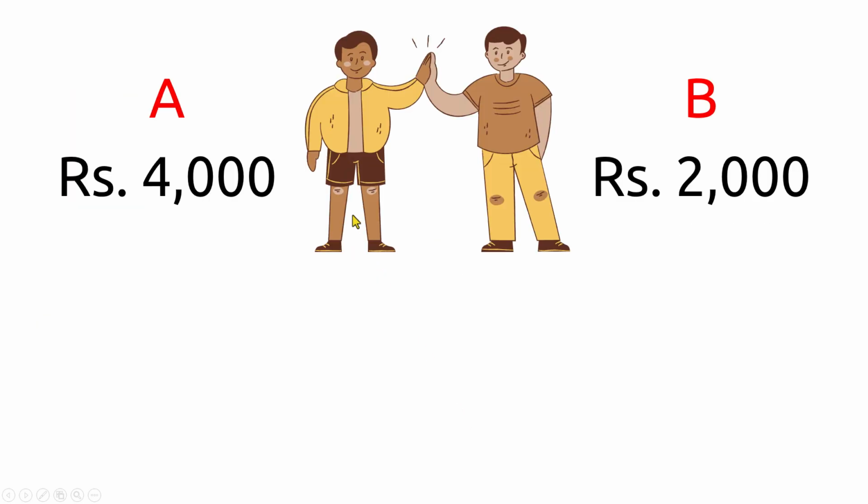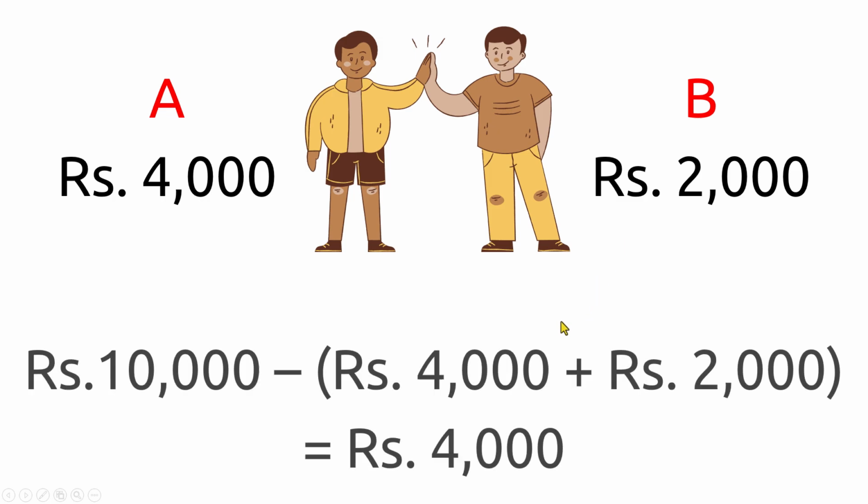Person A has 4,000 rupees and says that he wants to contribute. Person B has 2,000 rupees and says that he will give it. They pool 6,000 rupees, and still 4,000 rupees is required to start the company.